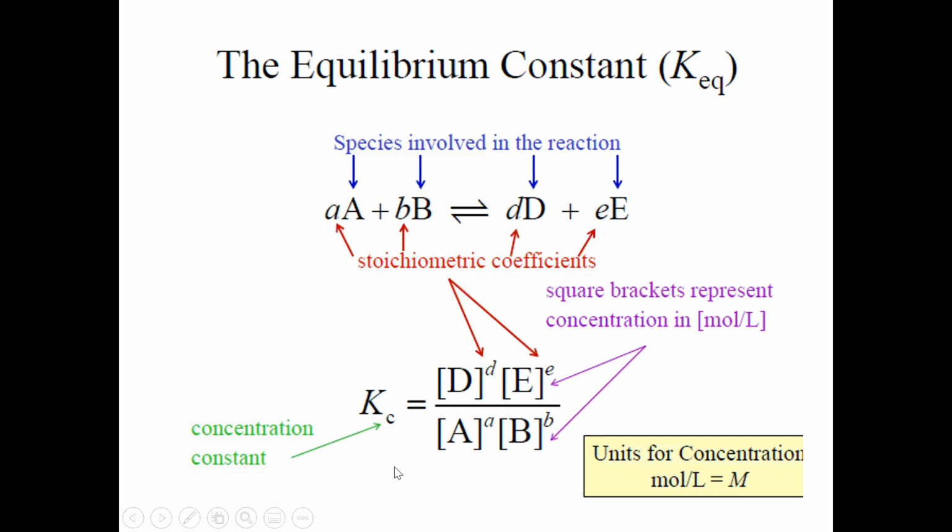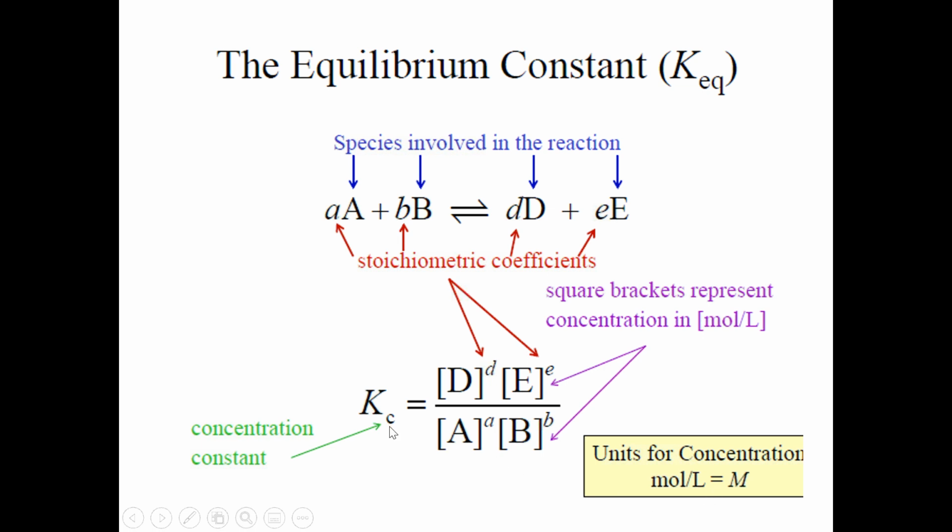This right here is something called an equilibrium expression. And if we look at this equilibrium expression, notice that K is equal to the products raised to the power of their coefficients divided by the reactants raised to the power of their coefficients. This is what we call a Kc expression, which means that the amounts of the products and reactants are going to be given in a concentration.